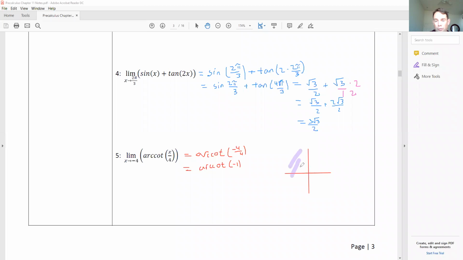We get rid of our no-fly zone. Can't be on the left-hand side here. And for our graph, negative 1 would be down here. And that would be the value negative pi over 4. So arc cotangent of negative 1 is equal to negative pi over 4. Again, when we're evaluating analytically, you just plug numbers in and figure out what you get.